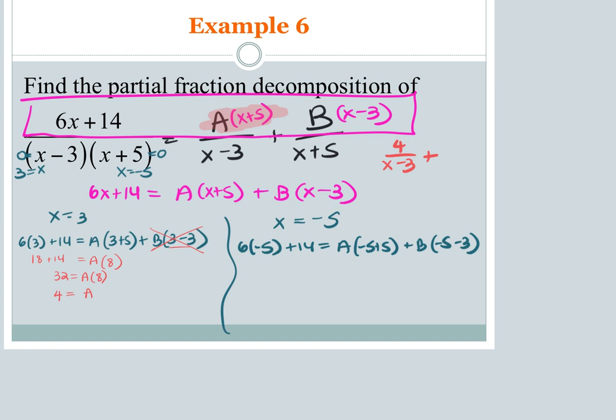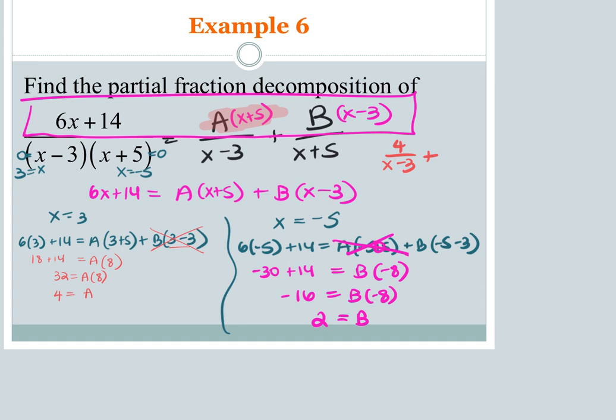Now where's the 0? Next to the A, so the A is gone. I get negative 30 plus 14 equals B times negative 8. Negative 16 equals B times negative 8. And B equals 2.